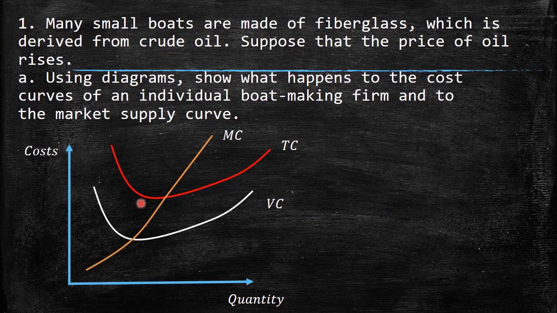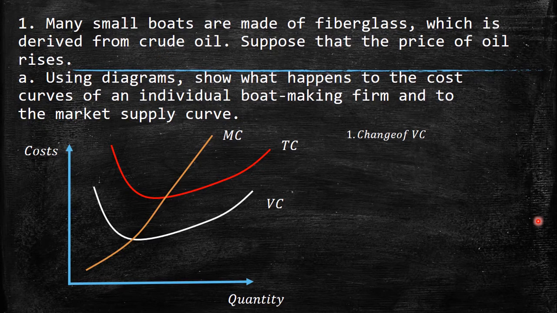That's basically the relation: when marginal cost is lower than the average, the average is decreasing, and when it's higher, the average is increasing. So here, first, remember when you have the price of oil, the crude oil, and this is an important product for the fiberglass which produces boats.